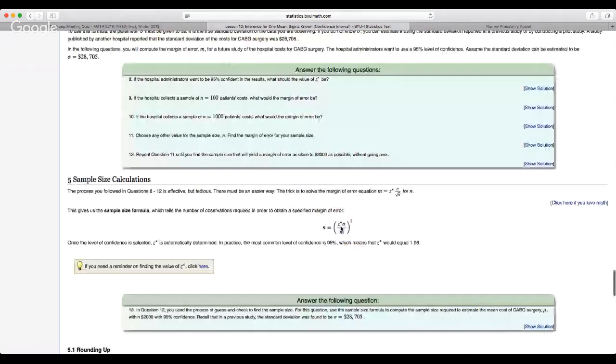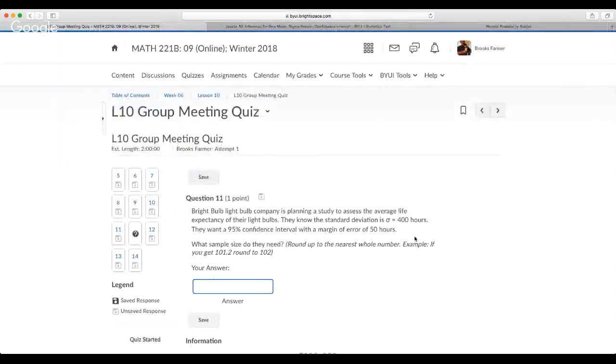Right here, n equals z times sigma over margin of error, squared. Confidence value is 1.96, sigma is 400.